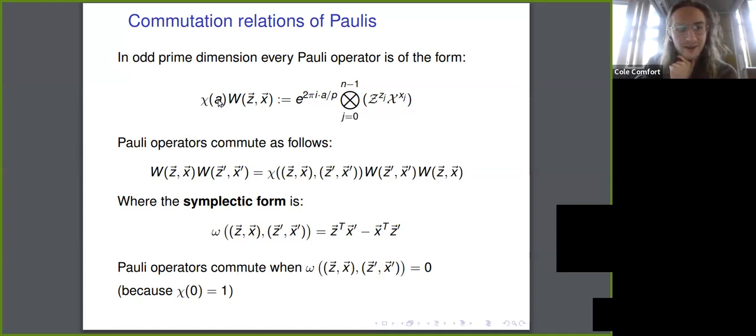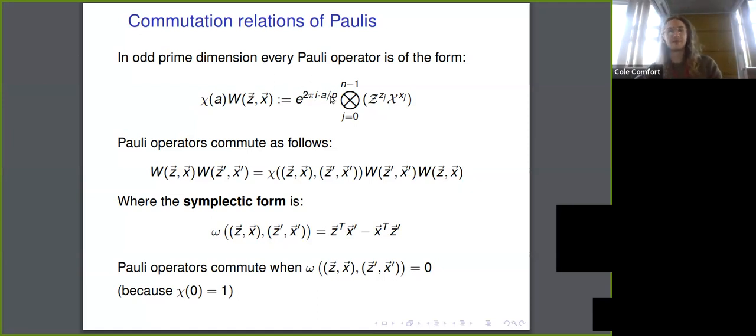A is the power of the pth primitive root of unity, and then these vectors z and x are the powers of the z and x Pauli strings. For example, in the qubit case, the phases don't have this form because the phases for qubits are powers of i, and i is a primitive 4th root of unity, not a primitive 2nd root of unity.